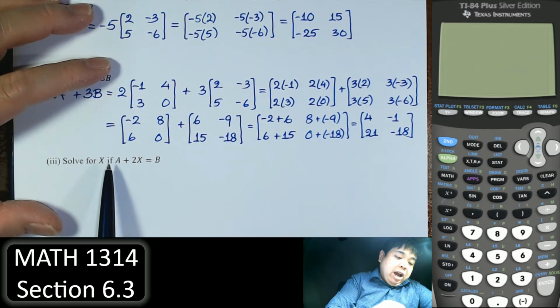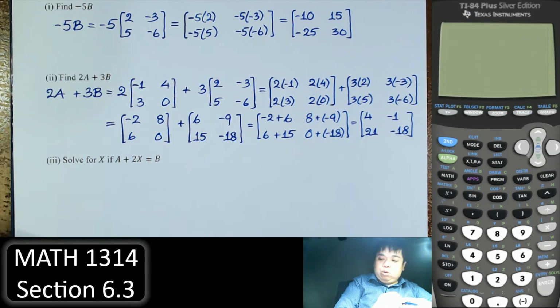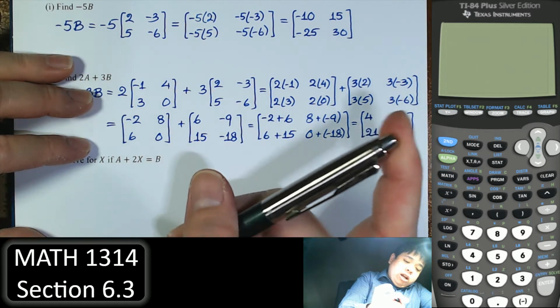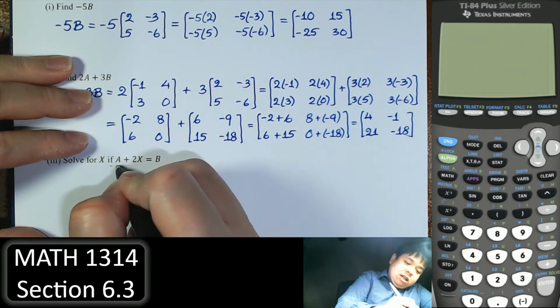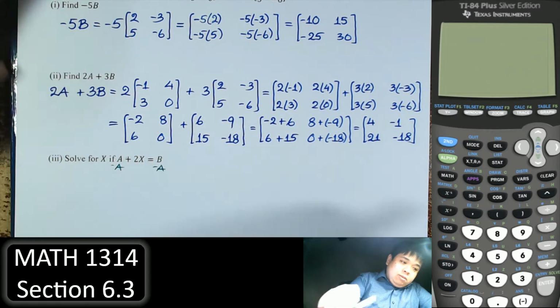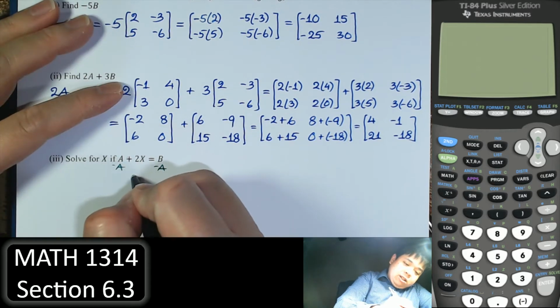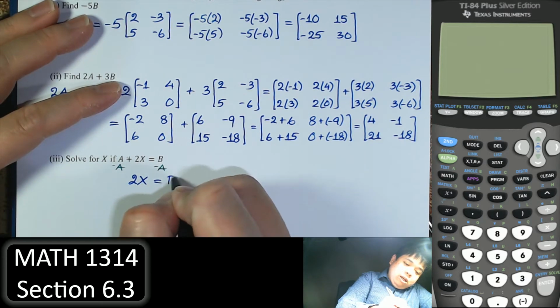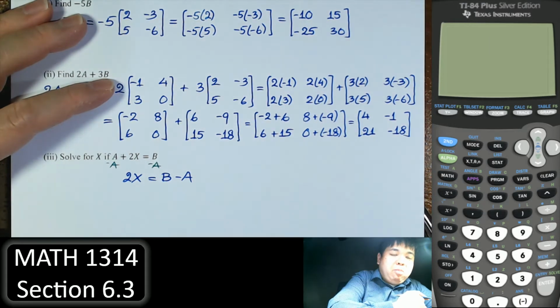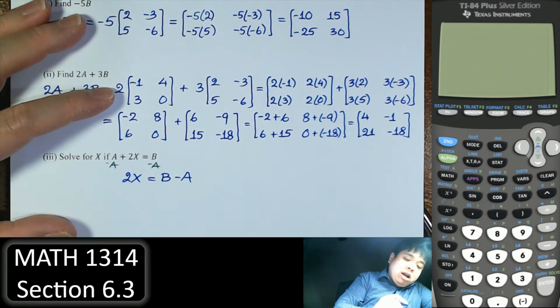Now, for x, if A plus 2x equals B, this we do just like an equation. We will subtract A on both sides. So we have 2x equal to B minus A, and of course B and A being those matrices, and then divide by 2.